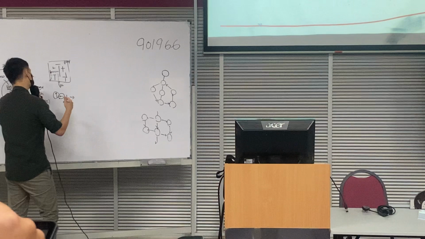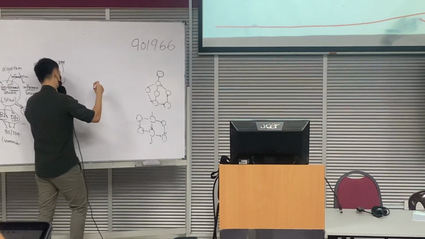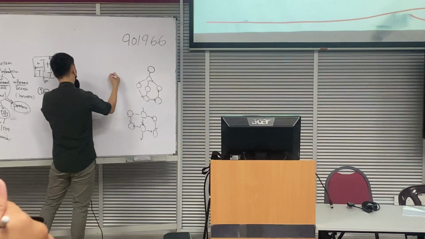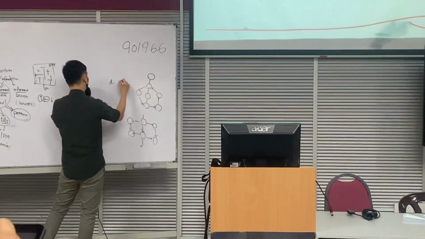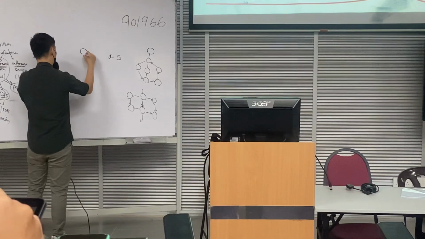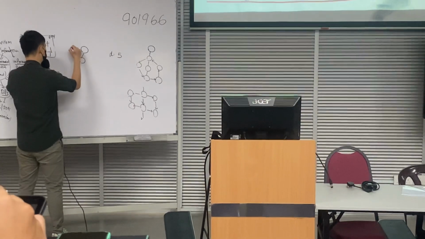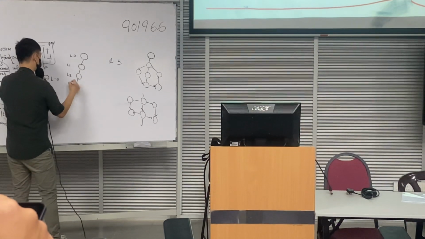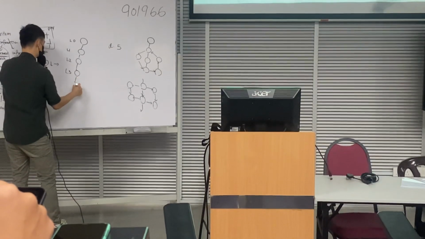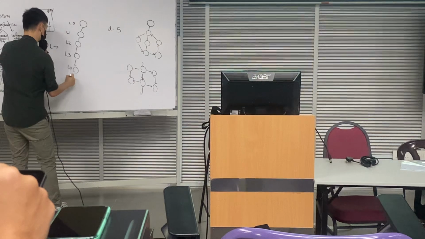How the depth limit search works is that we have to set the depth first. This is one of the parameters. So let's say D is equal to 5. We will do the search only up to level 0, level 1, level 2, level 3, level 4, and level 5.